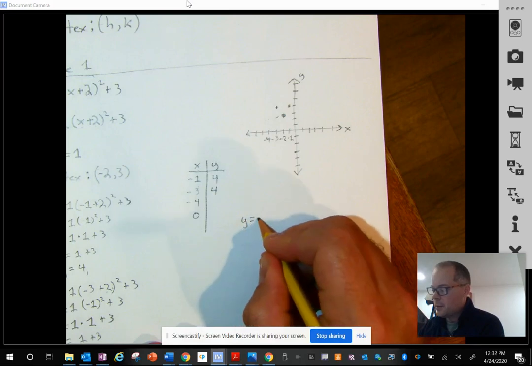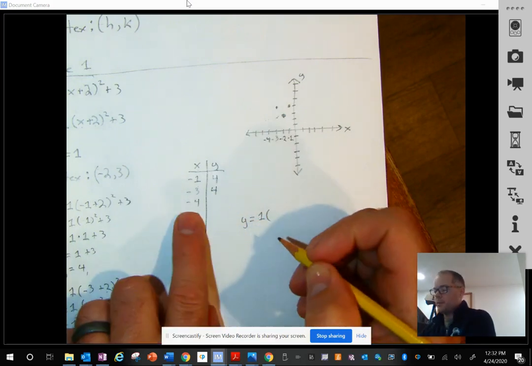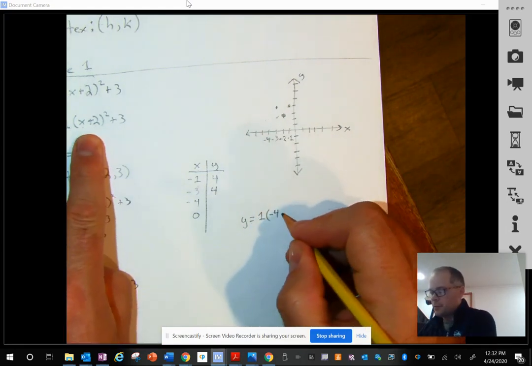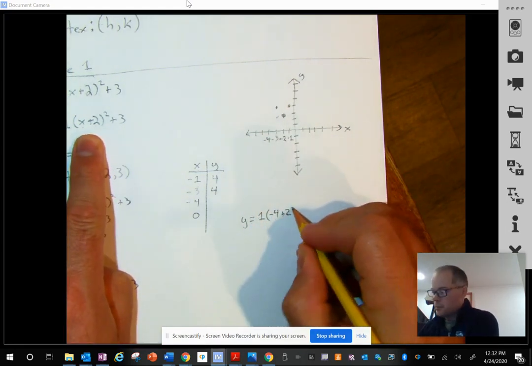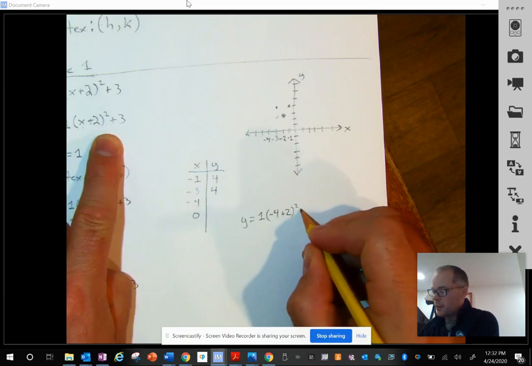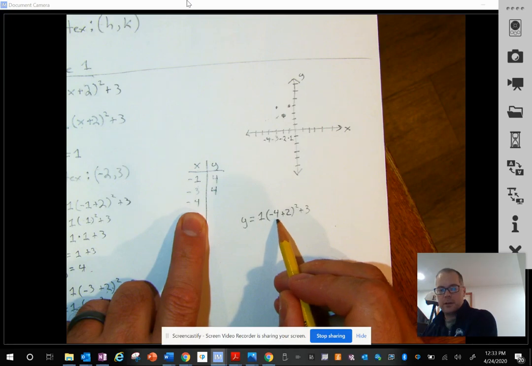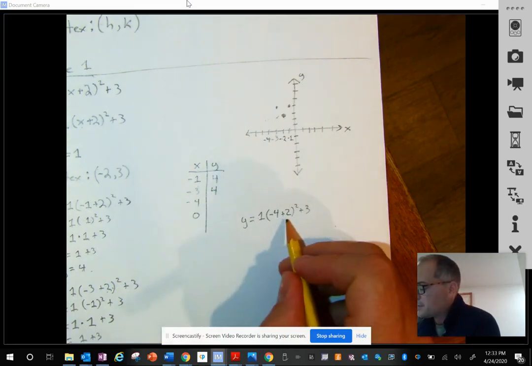Y equals 1 times (-4 plus 2) squared plus 3. Okay, so I just took this point and plugged it into our equation right here. Let's do the parentheses first.